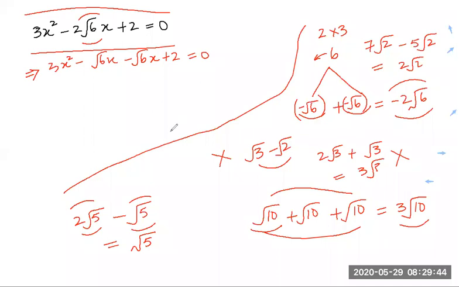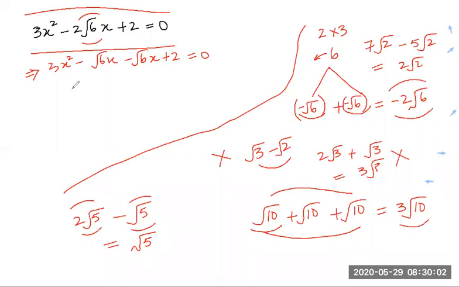If you take x common, we can do one thing. We can write 3x square as under root 3x into under root 3x.